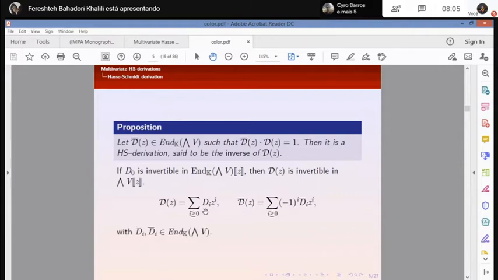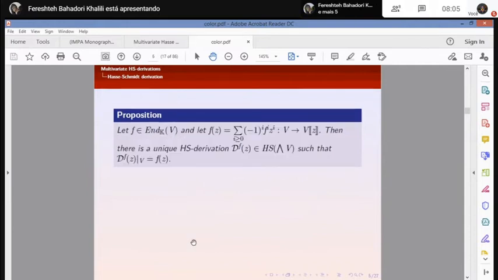And the coefficients are here in the morphisms of the exterior algebra. The nice proposition is that if F is an endomorphism on the vector space, and if we define this power series, then there exists a unique Hasse-Schmidt derivation which, if we restrict it to V itself, gives the same series.